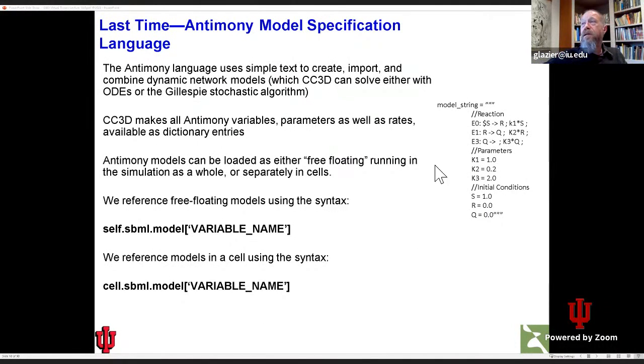Our code example here, we have S go to R go to Q, Q go to nothing. That order makes some logical sense because we see S creating R going to Q, Q going to nothing. If I exchange the order of the E0 line and the E3 line, would it change anything when I execute this code?